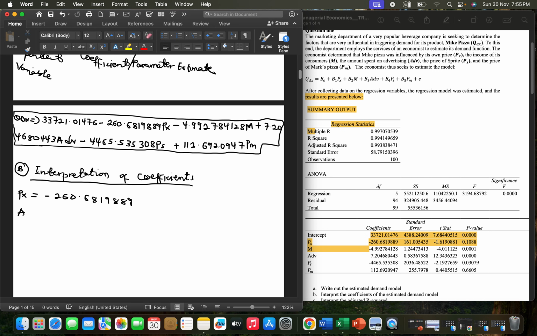So this is the format for the interpretation.